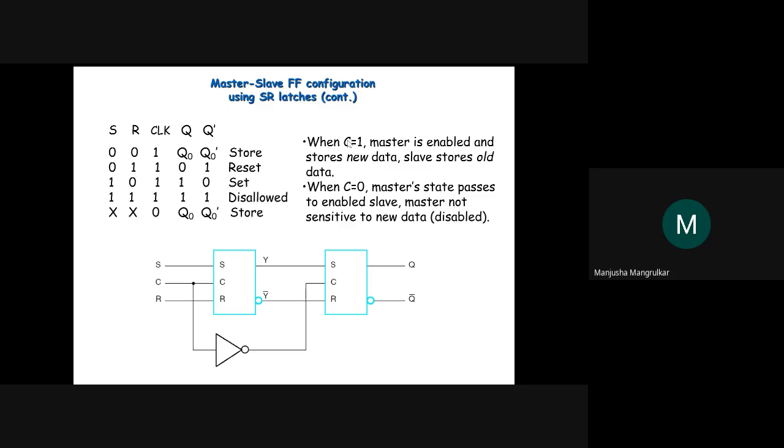When the clock is 1, the master is enabled and the slave is isolated. When the clock is 0, the master state passes the enable to the slave. The slave is activated, and its data will be sent to the Q, right? And this will be the final output, right?